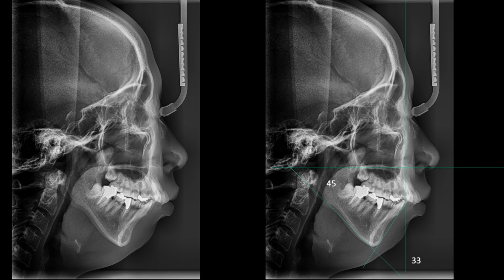So they started compensating each other and then made the treatment objective each other. So the treatment objective is upper anterior alignment only, okay?